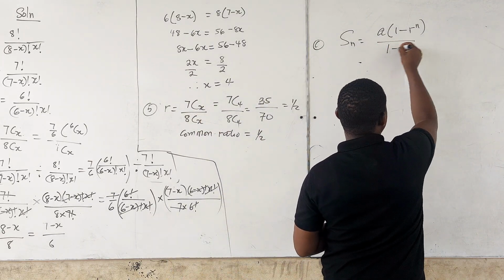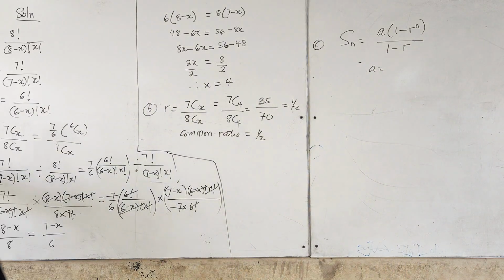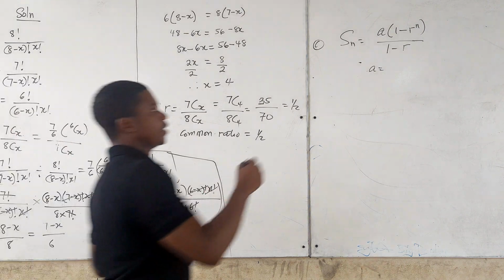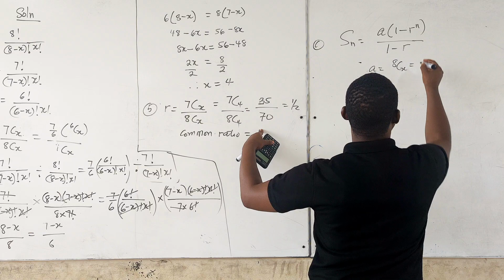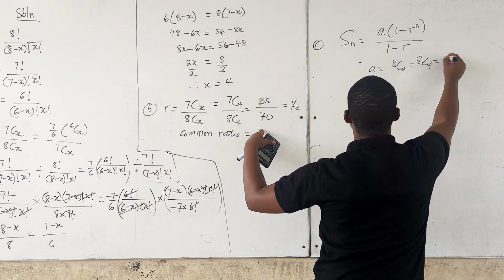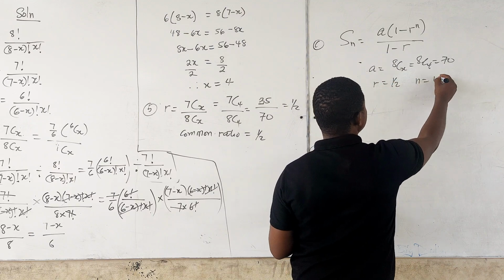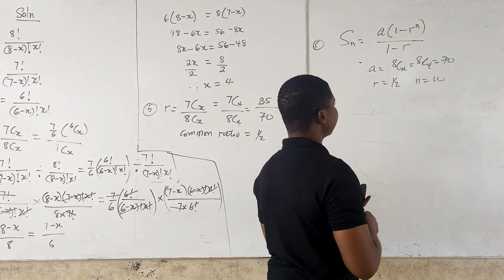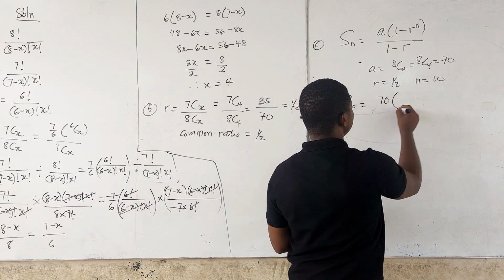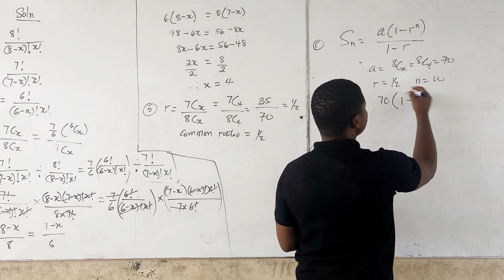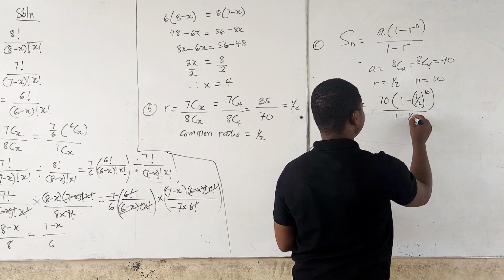We know A is the first term, which is 8 combination x, and 8 combination 4 is 70. Then R is half, and n is 10. So we substitute that. S10 is equal to 70 into bracket 1 minus half to the power 10, all over 1 minus half.